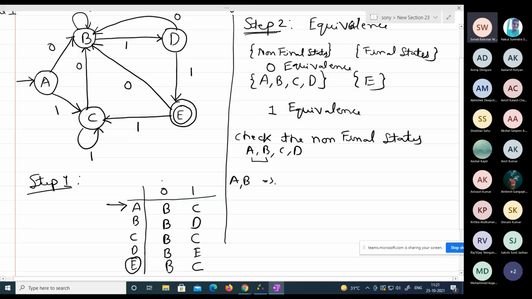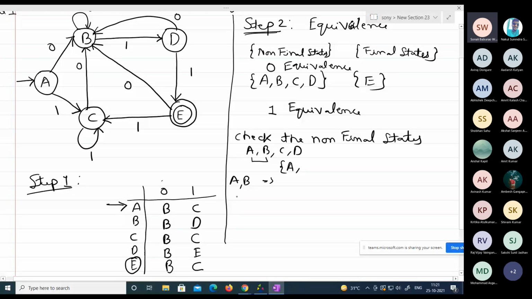Okay, that's fine. But initially, what you have to do is start preparing a set here. A is my initial state, so we always have to include that state. We cannot eliminate that. So I am writing A as it is, and then I am finding the pairs of these two states, A, B. From these two states, we can see that B is common.